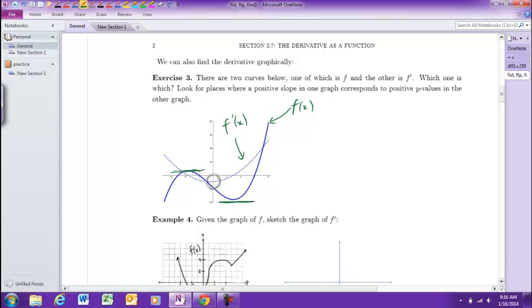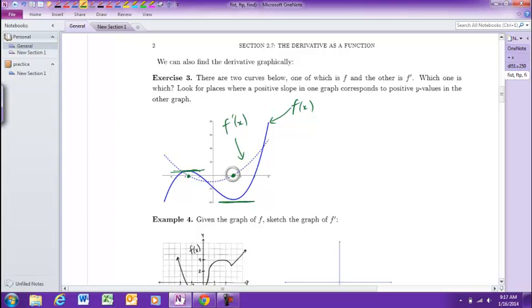Both of those horizontal tangent lines on the solid line correspond to when the dotted line is crossing the x-axis. So a slope of 0 here corresponds to a y value of 0 there. That's also a very clear indication that your solid line is f of x and the dotted line is f prime.